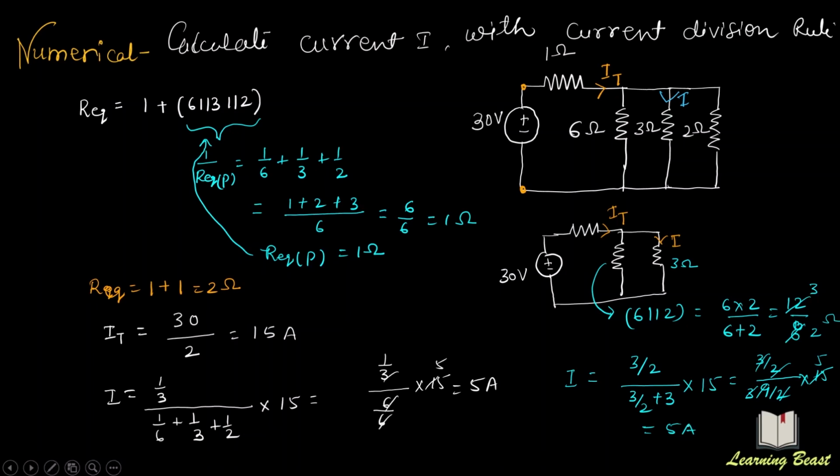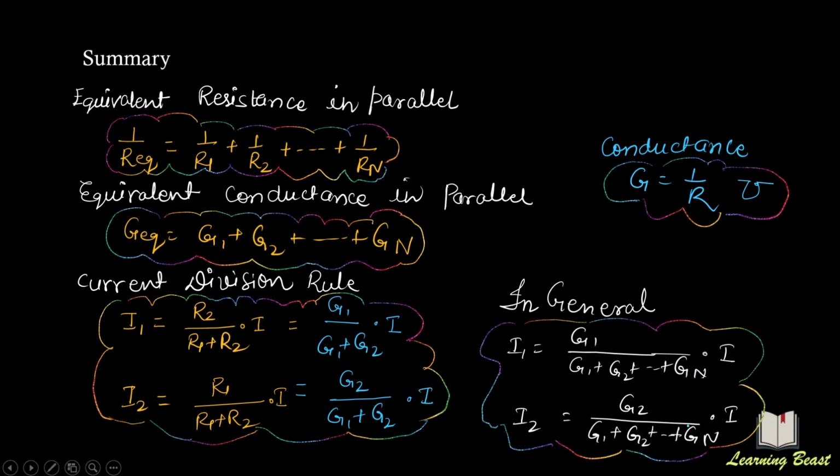So in this manner you can solve any kind of problem with the current division rule. Now come on to summary. So what we have learned today: equivalent resistance in parallel, which is calculated as 1 by R equivalent is equal to 1 upon R1 plus 1 upon R2 plus till the nth resistance. Equivalent conductance in parallel is the summation of all the independent conductances.